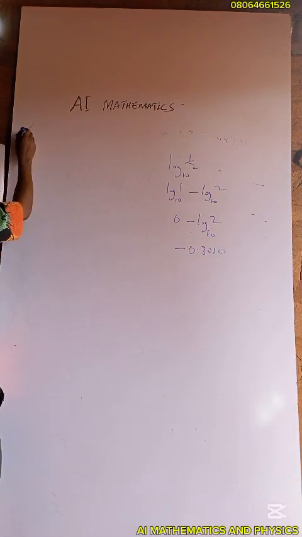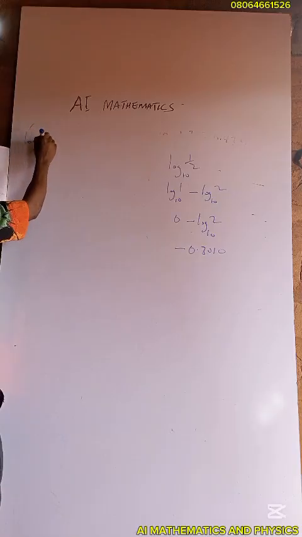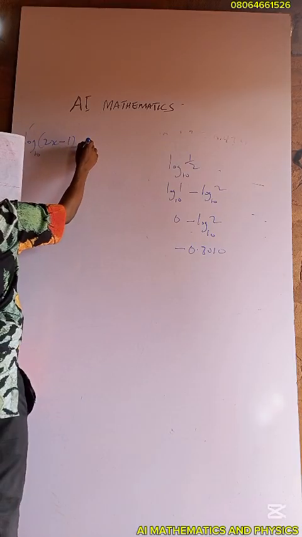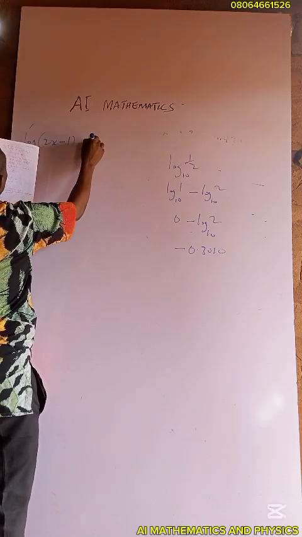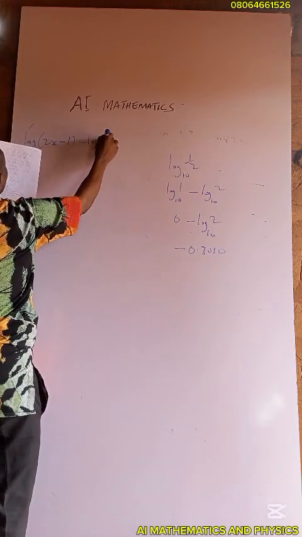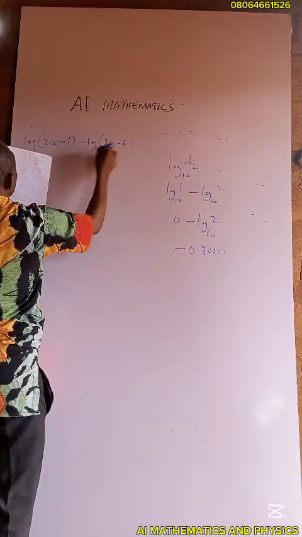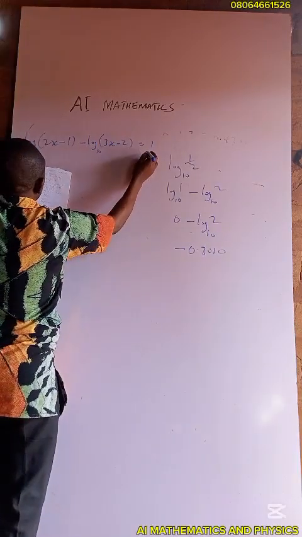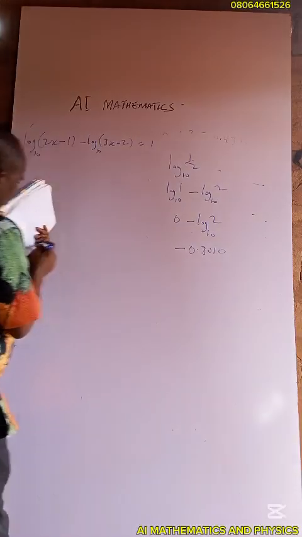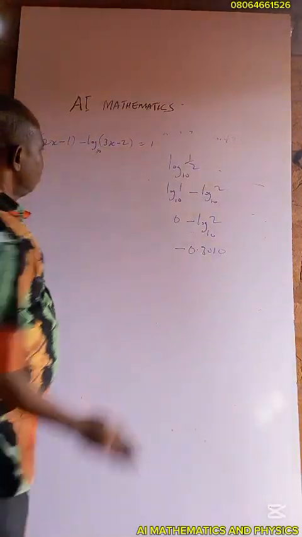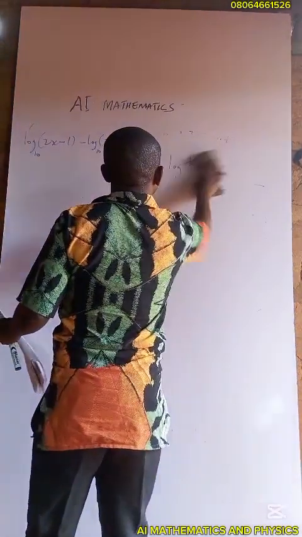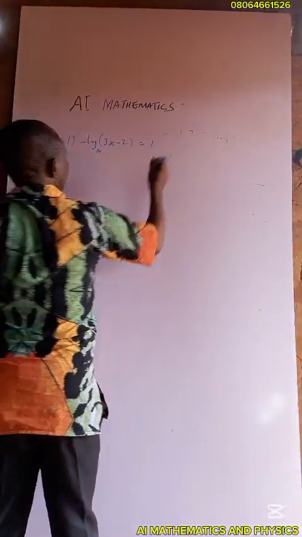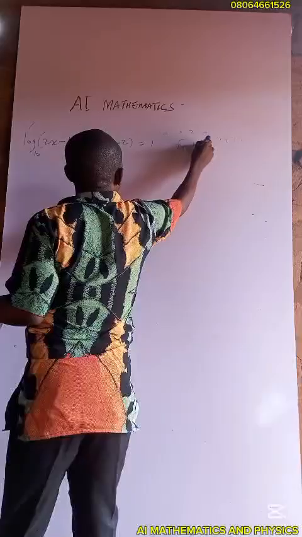If log 2x minus 1 base 10 minus log 3x minus 2 base 10 equals 1, find x. We are asked to find x.